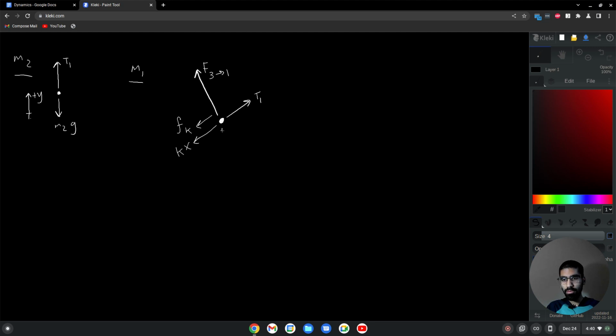Finally, we have the force of gravity over here, and we're going to need to define that this angle here is theta. That's just the angle of the ramp, right? Theta. And then the box is over here.